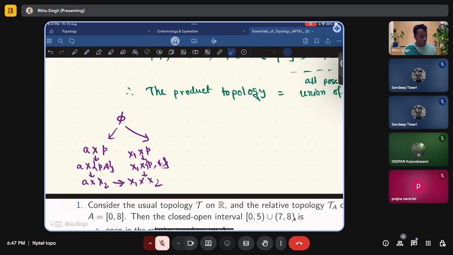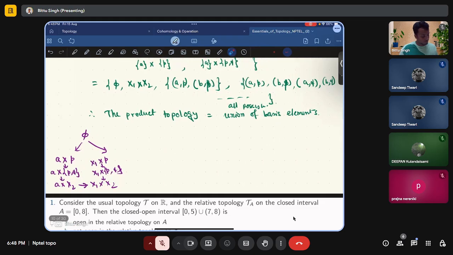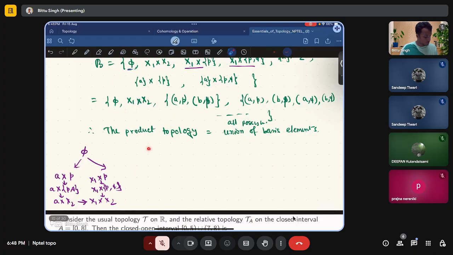To produce some new element, we need to take union of those disjoint things, union of these two or union of this with this, those kinds of unions. So the topology will be given by taking empty and those kinds of things, a cross p.